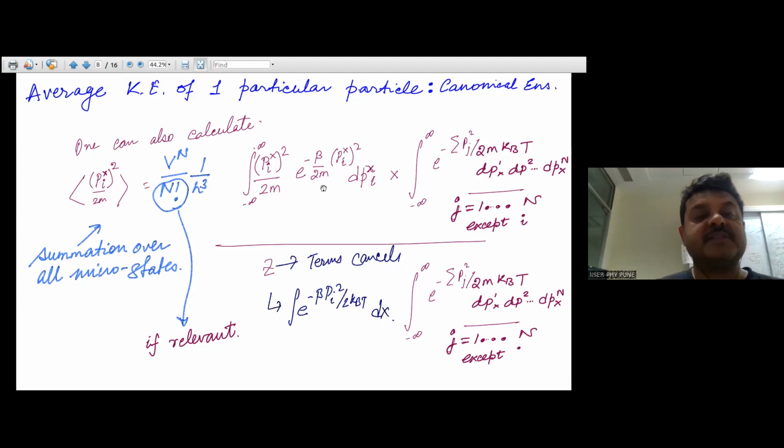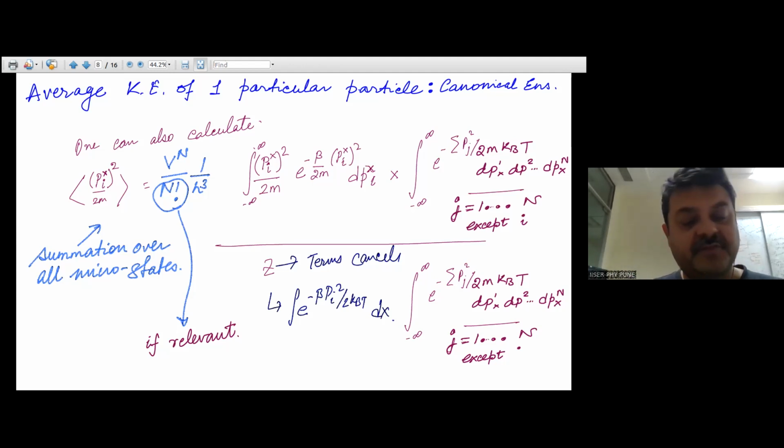As a consequence, what you will get from this, if you carry out that integral, is half kbt. So for each degree of freedom, the mean kinetic energy for each degree of freedom individually will also be half kbt. Not only that, it's an average over n. For each degree also you will get half kbt. So that's the actual proof of the equipartition theorem.